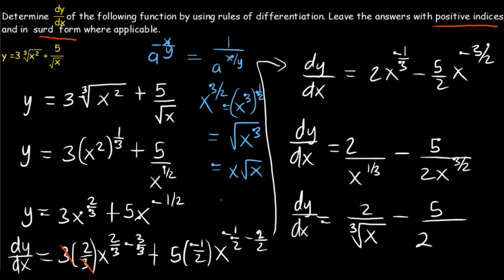Because x cubed is just the same as x squared times x, and if you take the root, x squared will give us an x, and root of x will just give us a root of x. So it's just up to you.